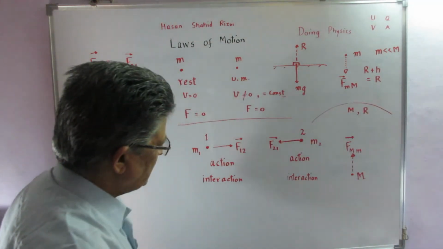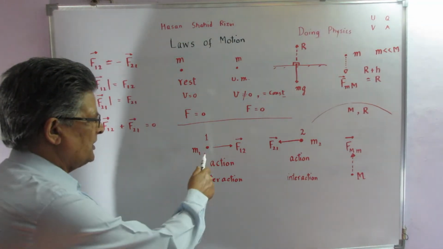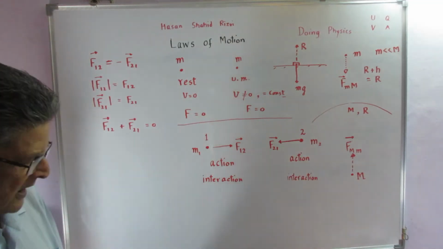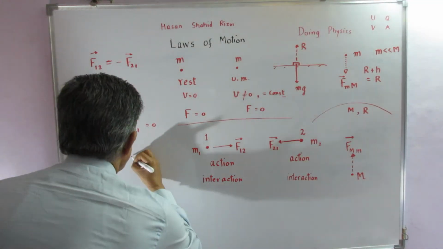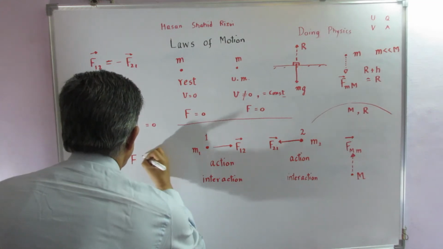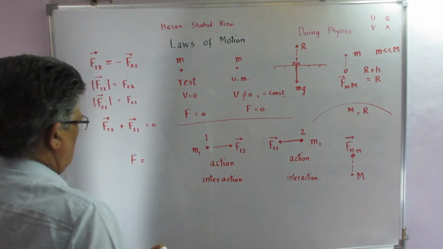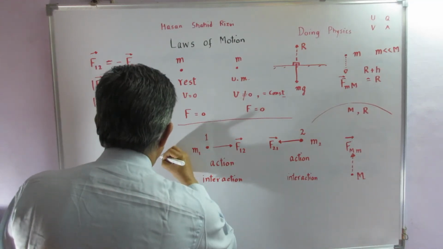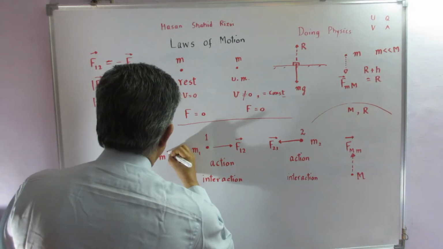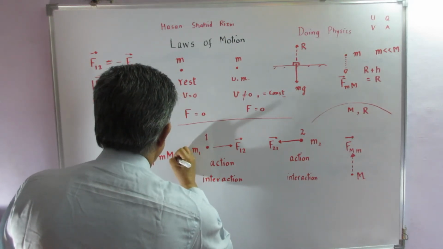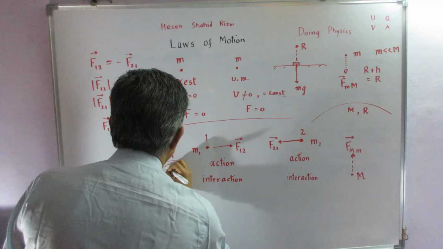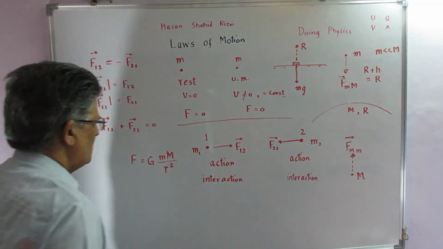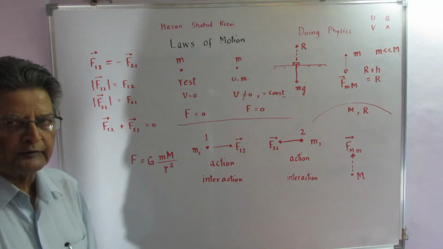In the case of gravitation, explaining to you about two masses m1 and m2 separated by distance r, we found that the magnitude of the force is given by F equals capital G m1 m2 upon r squared, the product of two masses upon the square of the separation between them, where G is the universal gravitational constant.